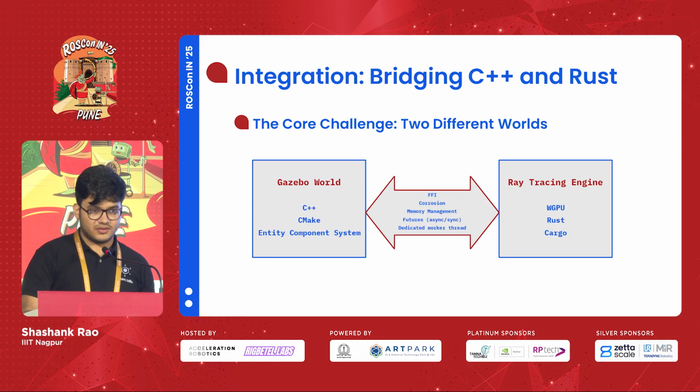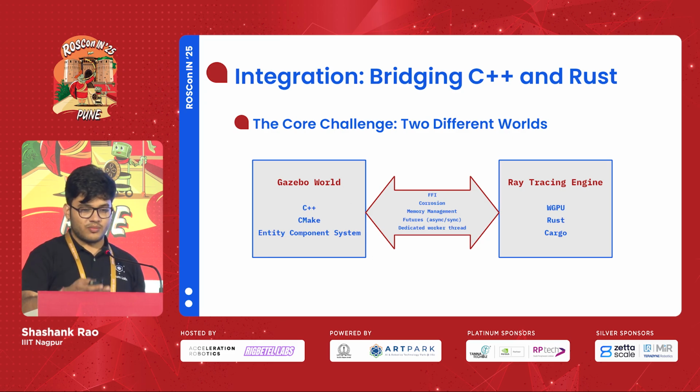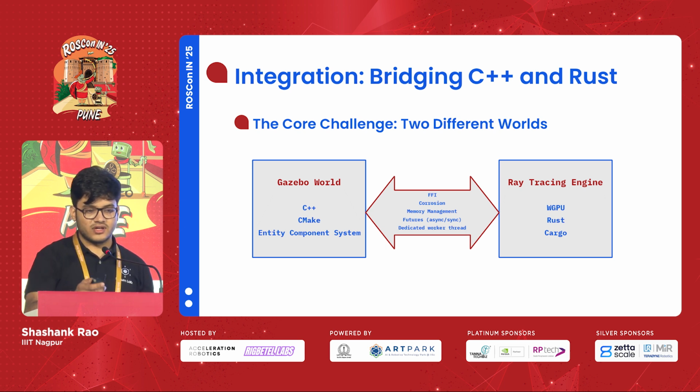But obviously, there is the matter of bridging the C++ world of Gazebo and the Rust side of WGPU. Very abstractly, this diagram represents how things are working here. The Gazebo world is C++, it uses CMake and the ECS, the entity component system. On the ray tracing side, we built a ray tracing engine based on WGPU, which uses Rust, and Rust uses Cargo for building.